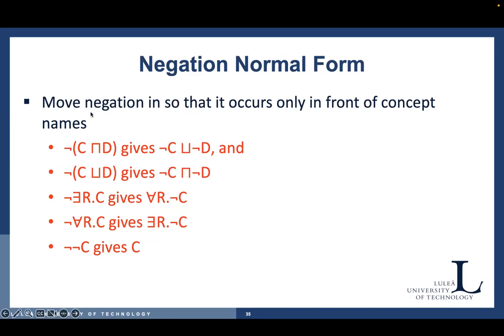Here are the rules that are applied to the logical equation that you give to a reasoner, which you can also recognize from previous exercises. These are nothing really special.